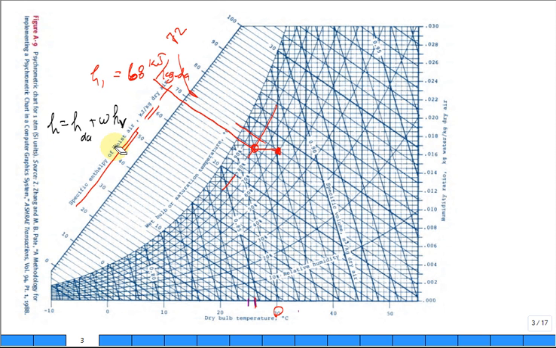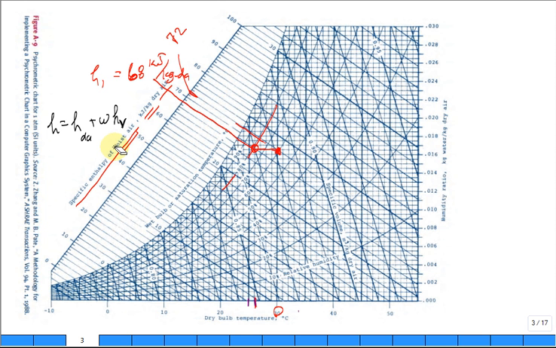Some professionals have called me in, saying they're designing systems using the psychrometric chart, and they think that this delta H is only for dry air. They have to do an additional calculation and add it to this energy balance for the condensation, for the latent, any moisture condensing.